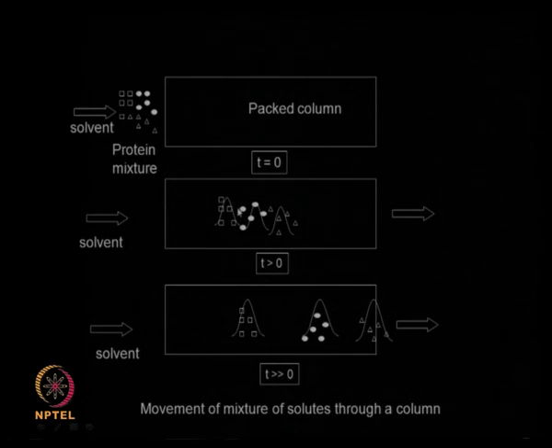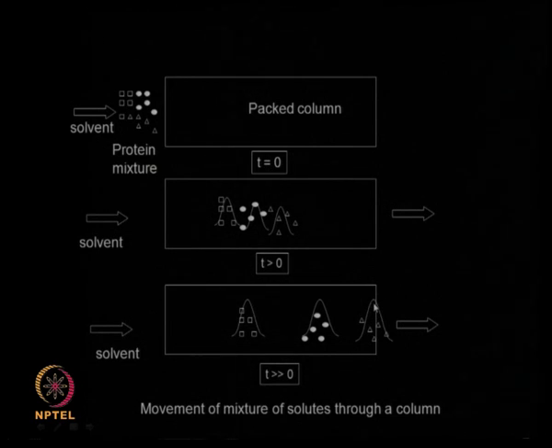Proteins which have very high polarity will interact much more with the stationary phase, so they will travel slowly, whereas proteins which have less polar groups on the surface will not interact much with the stationary phase, so they will travel faster. So slowly as this protein mixture travels through the column, they get separated, and the protein which has the least interaction with the stationary phase will come out first.